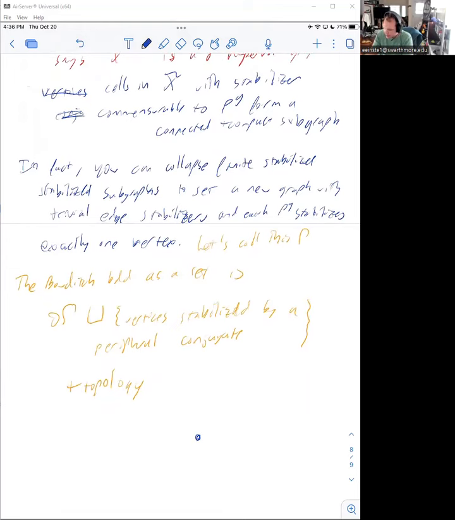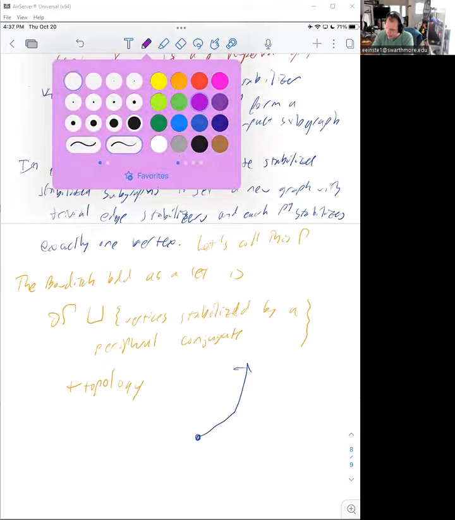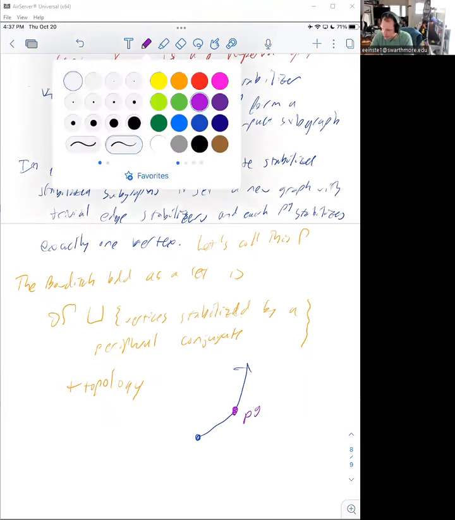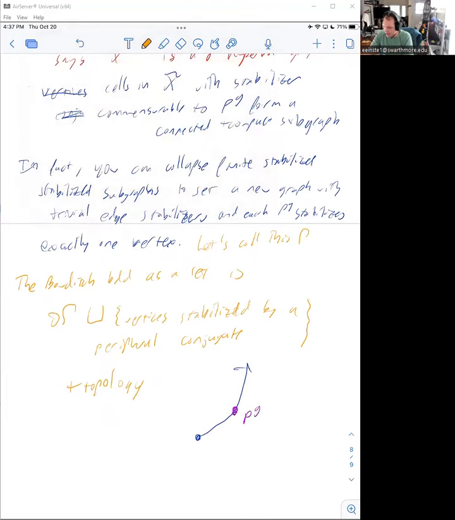Here's a base point, and I have some ray going out to the boundary, and over here is some peripheral stabilized point. There's some well-defined notion of entry and exit, and some distance in the Cayley graph between entrance and exit. If that distance goes to infinity over a sequence of rays, that sequence of rays should converge to that peripheral point.